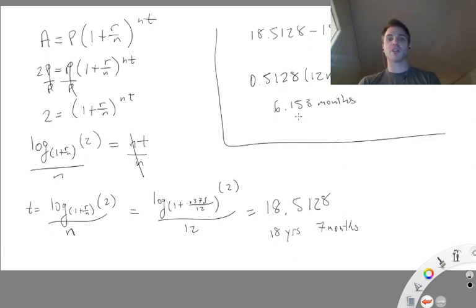But it's going to compound at the end of this month, right? If it were linear, you would have crossed it in the first part of the month, but you get jumps each month. So we have to round this up to 7 months since it won't compound until the end of that period, which is monthly. So 18 years, 7 months. That's our answer.